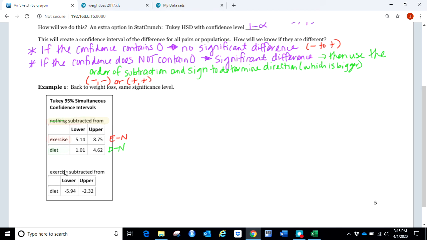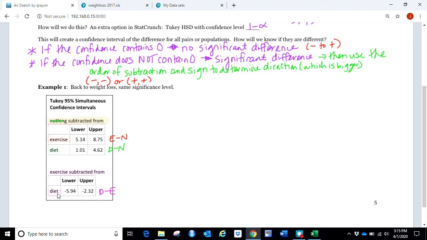Finally, down here in the other box, we see that it says exercise subtracted from diet. That's going to mean my order of subtraction is diet minus exercise. So the pattern is it's always the one down here minus the one above the table.